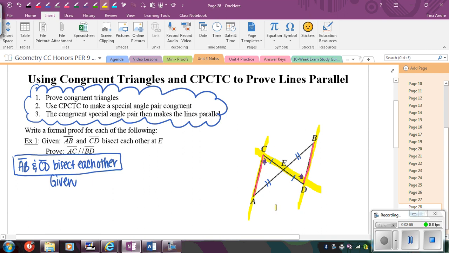That's really where I want to head with this. If I can get that these angles inside of these two triangles are congruent, then the lines must be parallel because congruent alternate interior angles imply parallel lines.